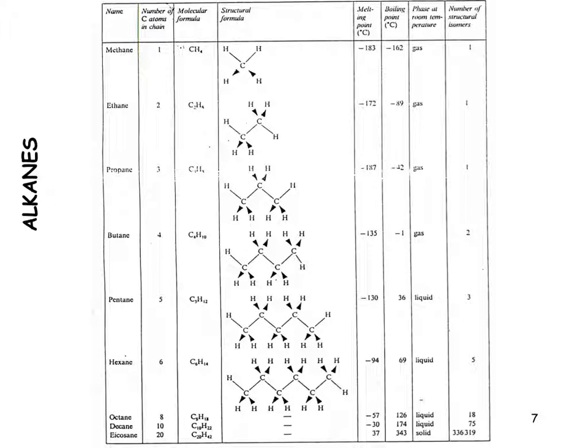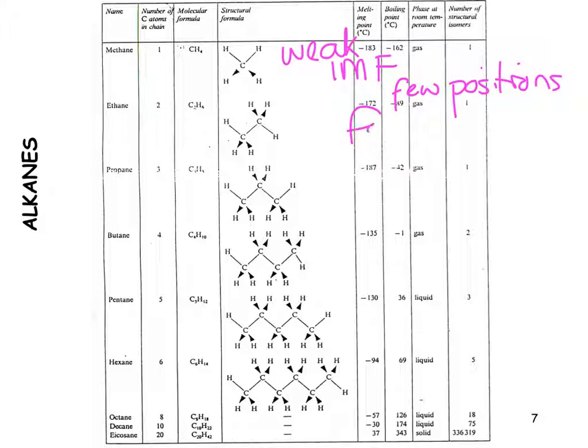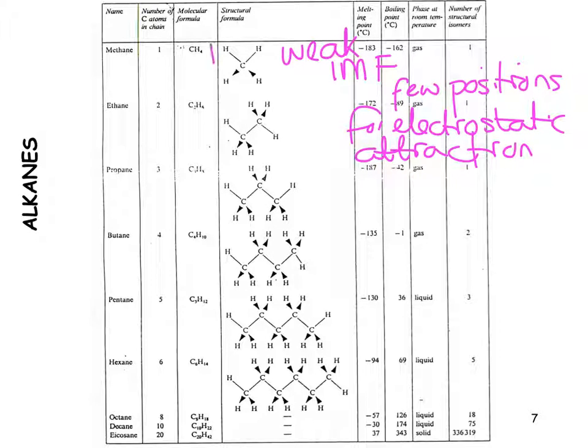This is because the intermolecular forces, this is very weak intermolecular forces, because it's a very short chain and there are few positions for electrostatic attraction. The intermolecular forces get stronger and stronger until, let's say, we're down at hexane, which is slightly bigger, or at octane.